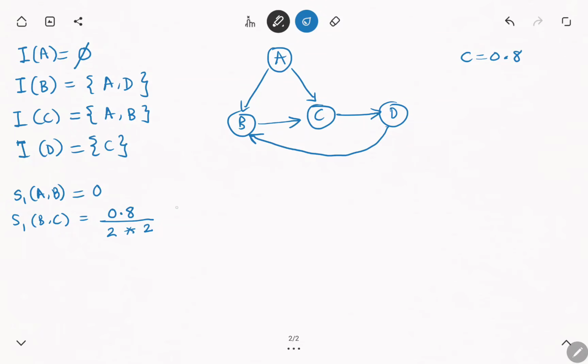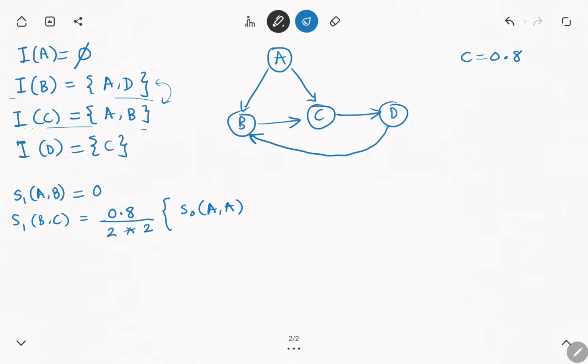Okay, then the summation of SimRanks of all the pairs S naught of i comma j. What does that mean? Now i belongs to I(B) and j belongs to I(C). So that means you'll have to combine A with A. Okay, the combinations that you will consider are A with A. We are considering these two, right? Because we are considering B and C.